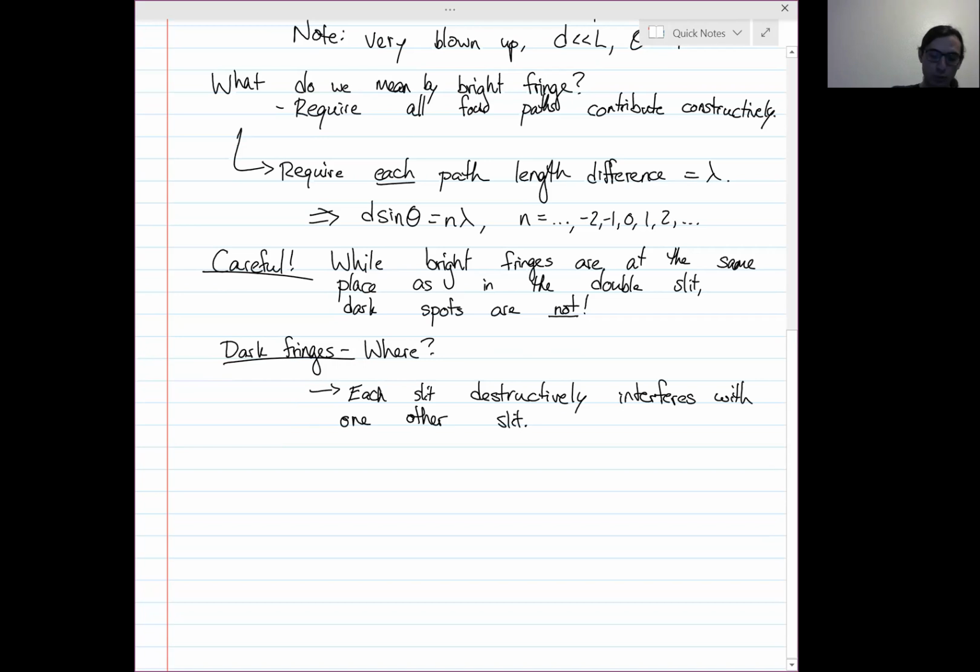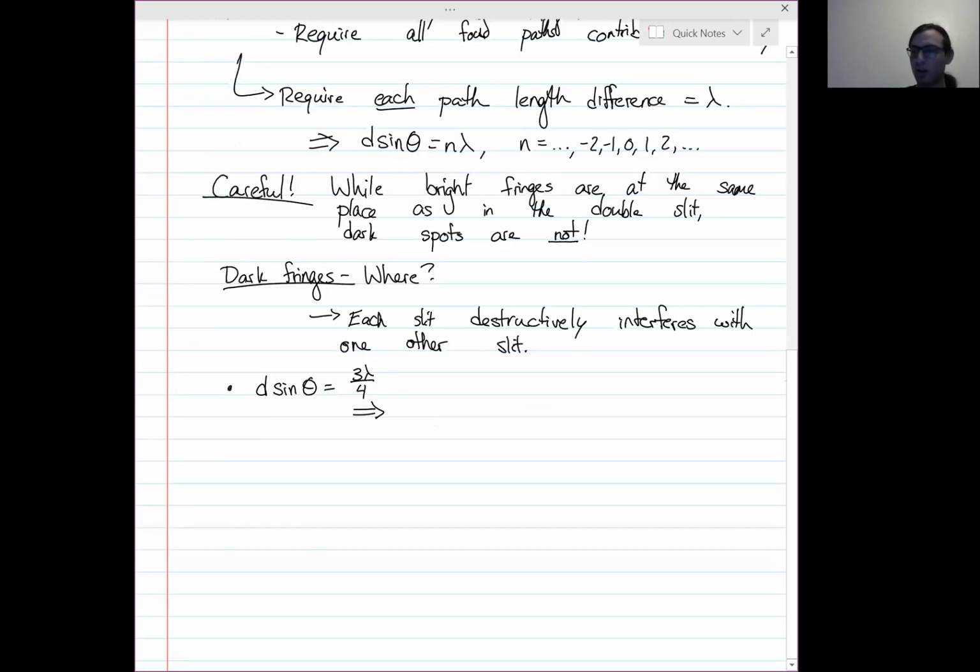So let's look at the different cases that we get. Let's suppose that d sin theta was equal to 3 lambda over 4 instead of lambda, right? That would mean, and I'll leave this to you to think about, that slits 1 and 3 have a path length difference of 3 lambda over 2, and slits 2 and 4 have a path difference of 3 lambda over 2.